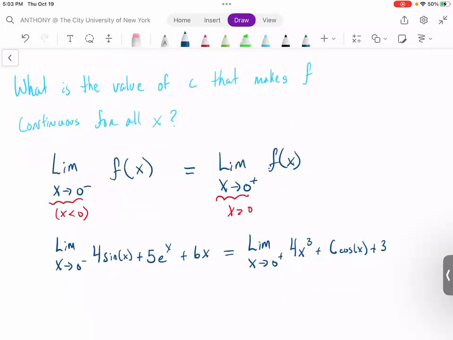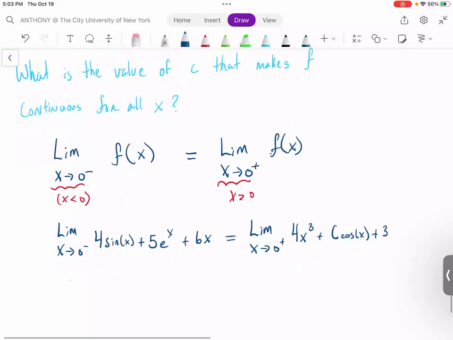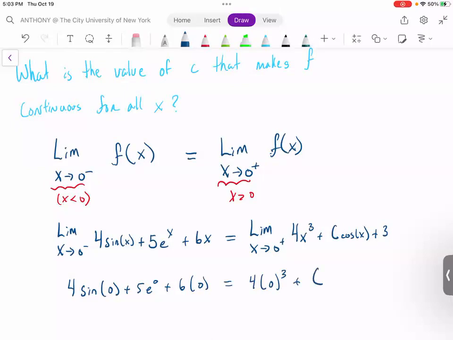Apply direct substitution here. You get 4 sine of 0 plus 5e to the 0 plus 6 times 0 equals 4 times 0 cubed plus c, what we're trying to find, times cosine of 0 plus 3.